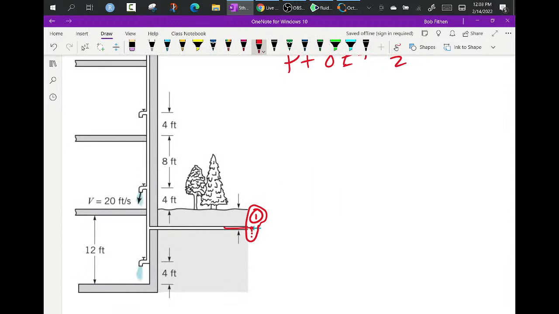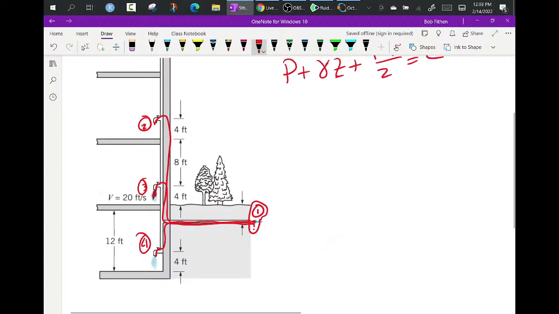I'll have one particle that ends up going out here, a neighboring particle which may end up coming up here, and another neighboring particle which comes out here. So I'll call this 3, and this 4.